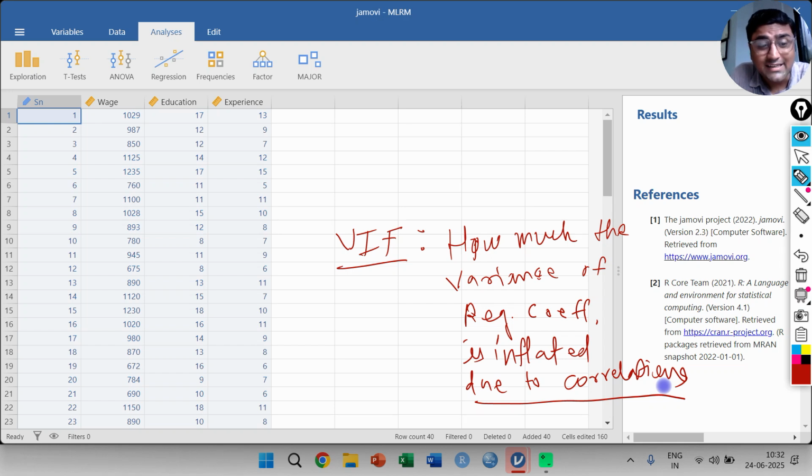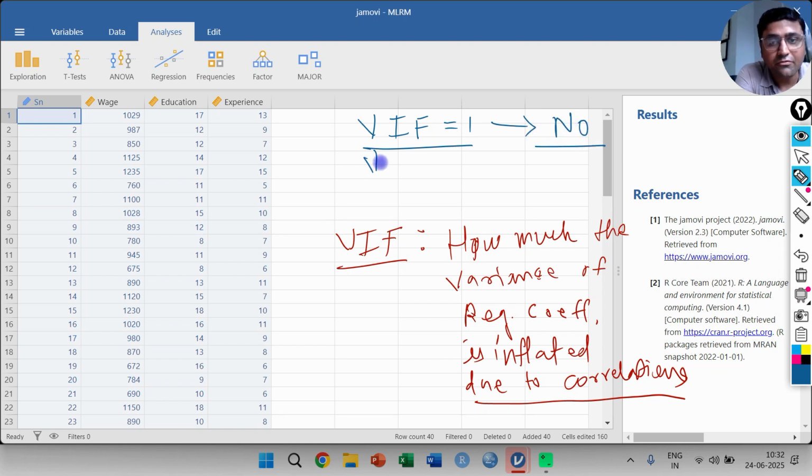Now let's understand the interpretation. If VIF is equal to 1, there is no multicollinearity. If VIF is greater than 1, then it indicates some level of multicollinearity.